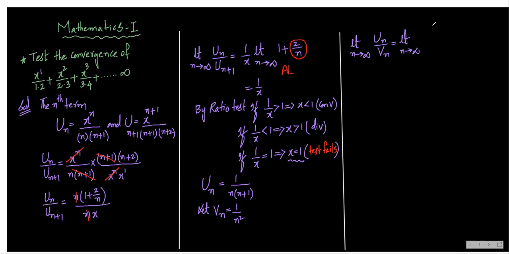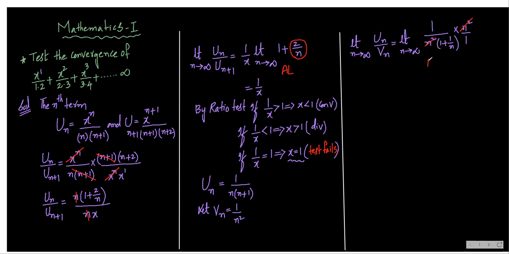Our un value is this one, 1 by n is there here. I want to take another n common. It means it becomes n square, 1 plus 1 by n. And the second fraction, which is called vn, becomes reverse. It's n square by 1. So this n square cancelling with this n square.